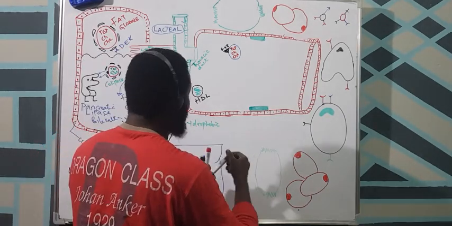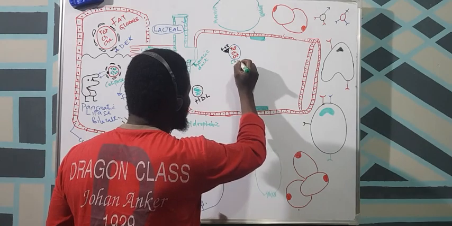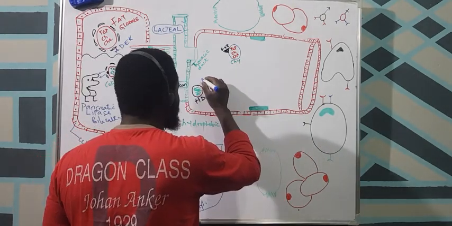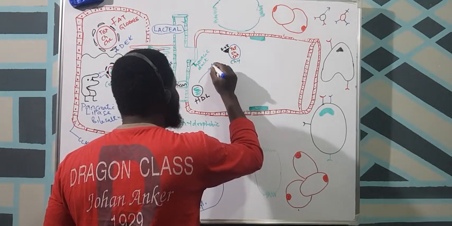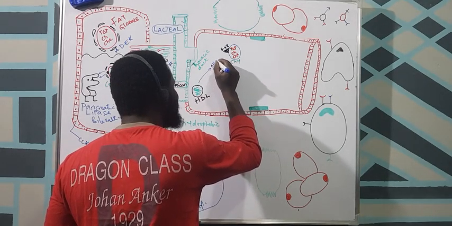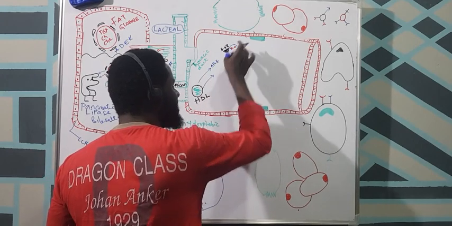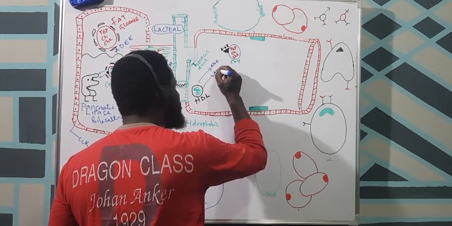I'm going to represent chylomicron as CHY. It gives the chylomicron 2 special proteins. What is the first protein? The first protein is ApoE, while the second protein it gives to the chylomicron is ApoC2.